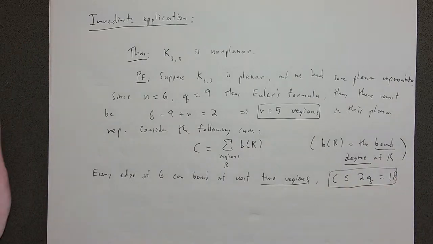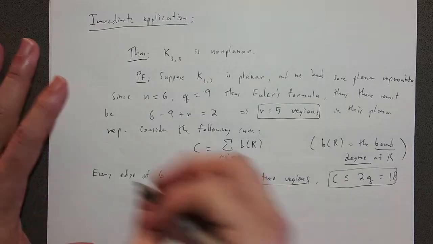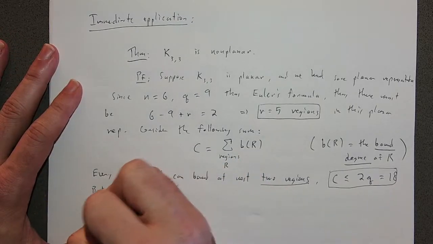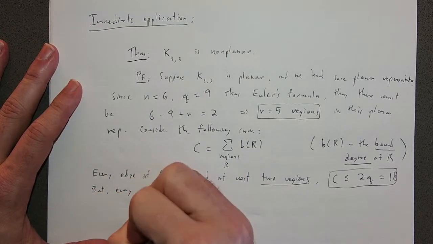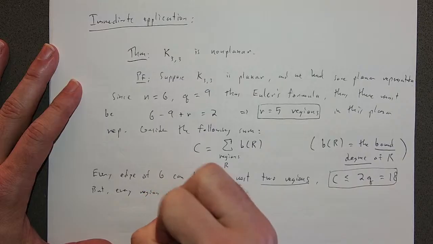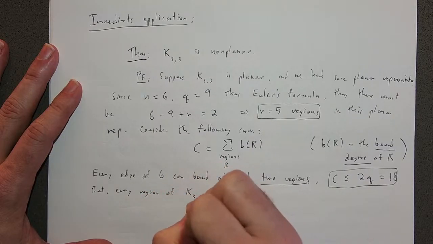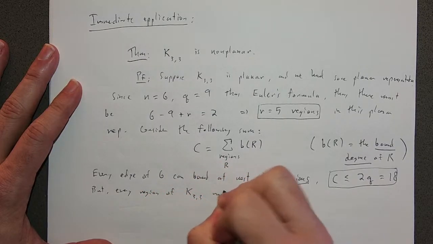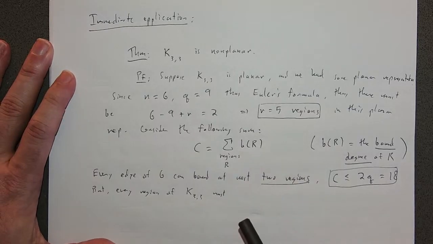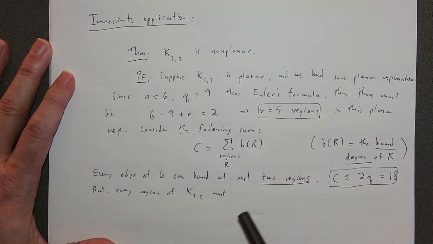But also, every region of K33 must be bounded by at least 4 edges.